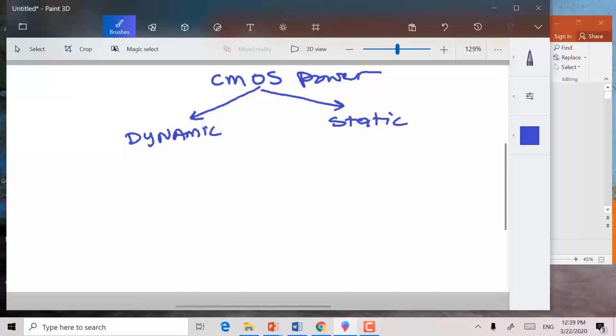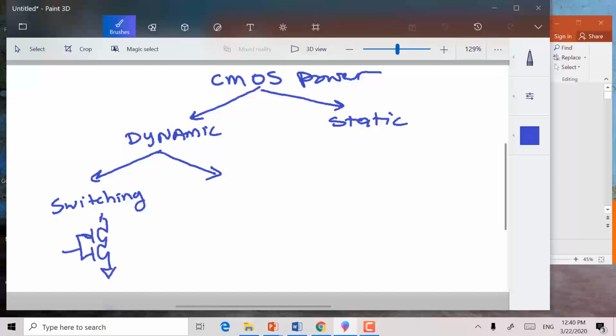We said that the dynamic power is dissipated due to switching power, and we define this as the power needed to charge and discharge the output of the transistor, the capacitance right here.